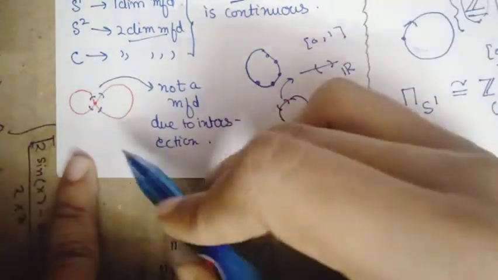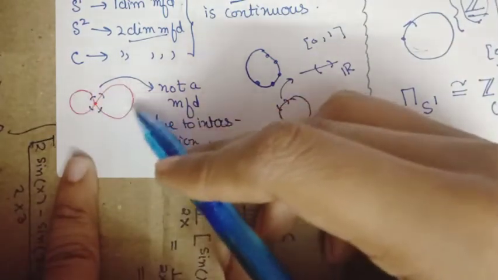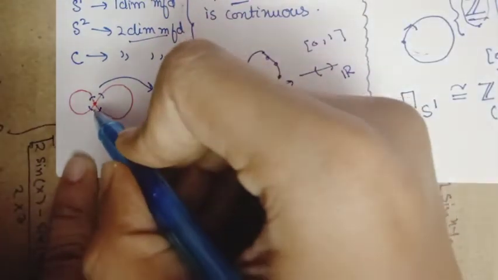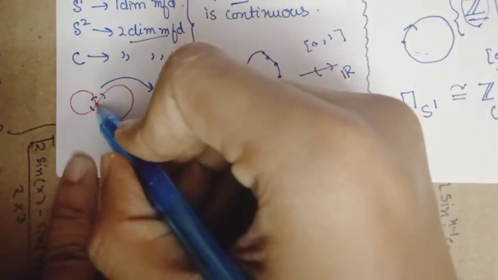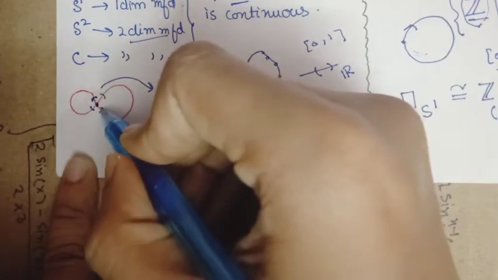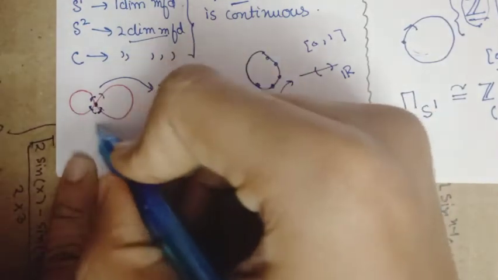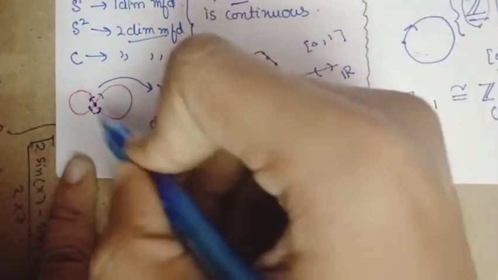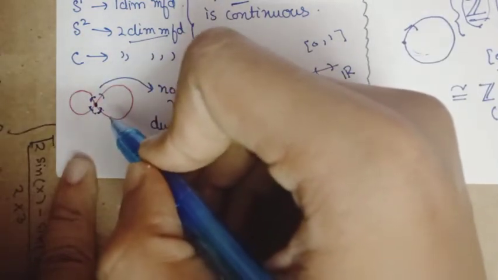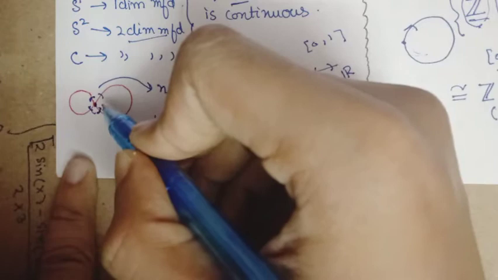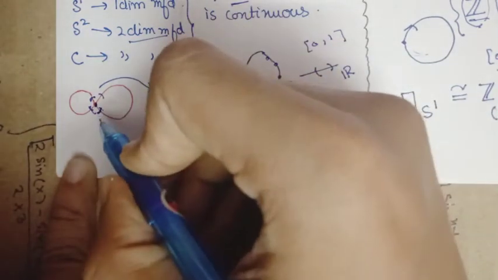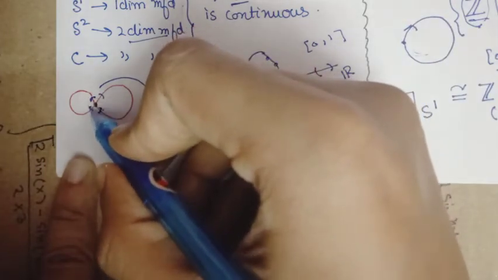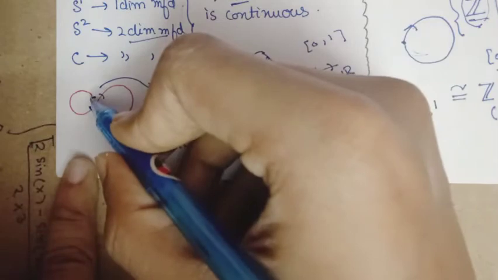Now let's quickly look at a famous example. This object here is not a manifold, which is quite obvious, because if you take this point, around this point you can find a small interval. This object is a part of this plane where I have drawn it, and then I intersect it at many parts using the open patches that belong to the standard topology of R^2, and that gives me open intervals here that belong to the topology of this region.